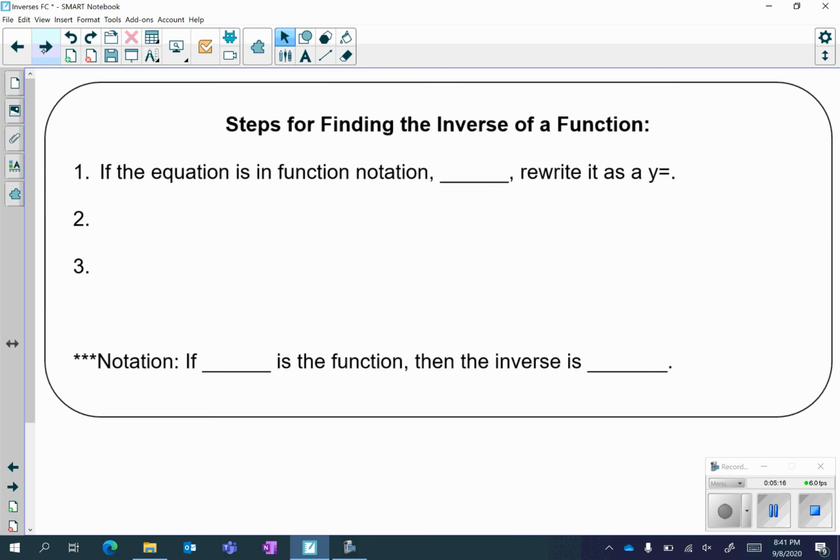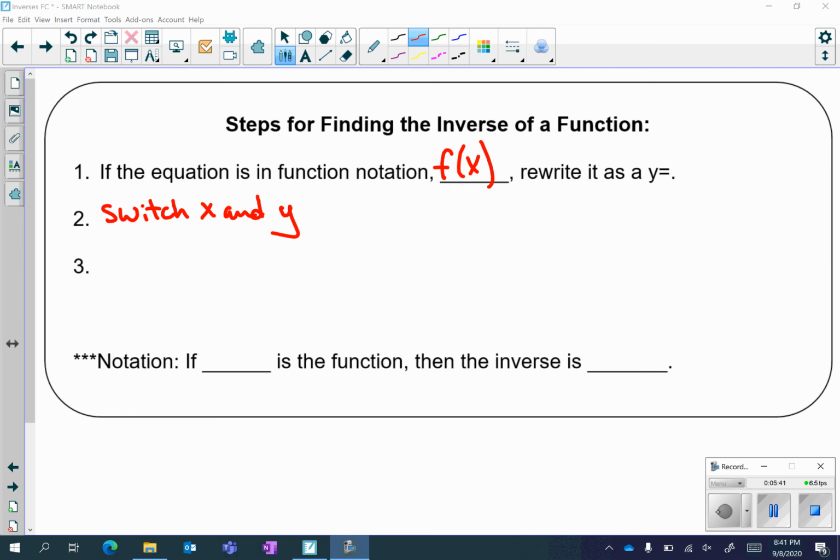Let's actually take some notes down. If the equation is in function notation, which means f of x, rewrite it first as y equals. So if you had f of x is equal to 2x, you should write that as y equals 2x. Once you write it as a y equals, you're going to switch x and y.